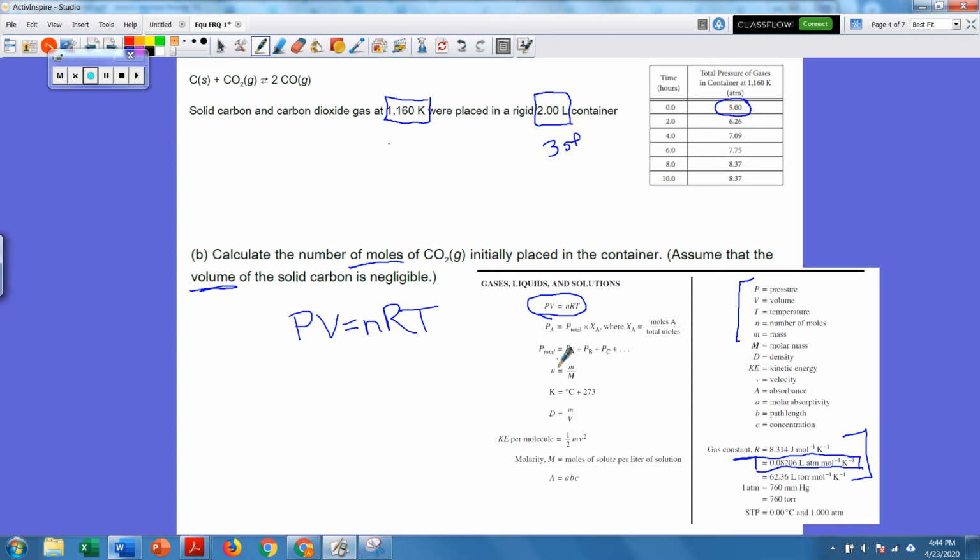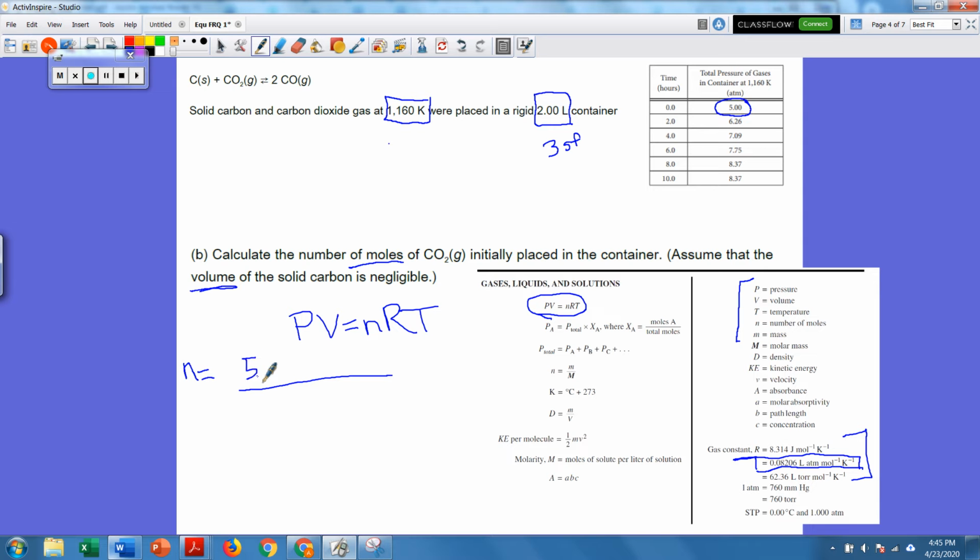Okay, so what we're going to do here, we're asking for number of moles. I'm going to go ahead and rearrange this equation so that we are solving for n. So n is equal to our pressure times our volume over the gas constant times temperature.